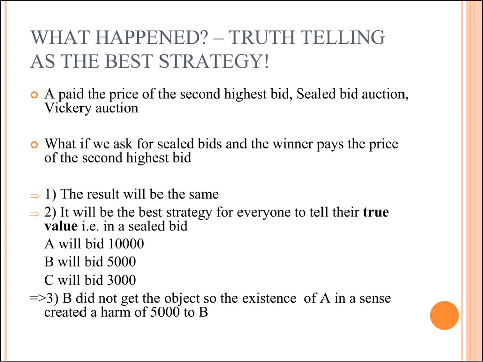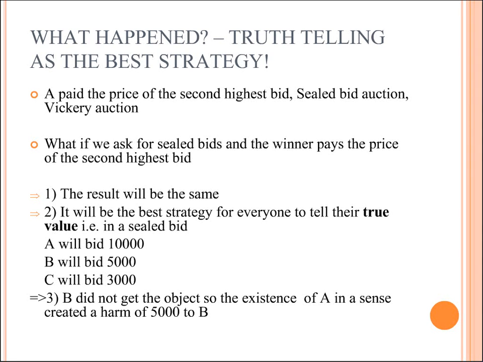And then a third way to think about this is that in this auction, B did not get the object. Because A was present in the auction, B in a sense lost, did not get the car for 5,000.